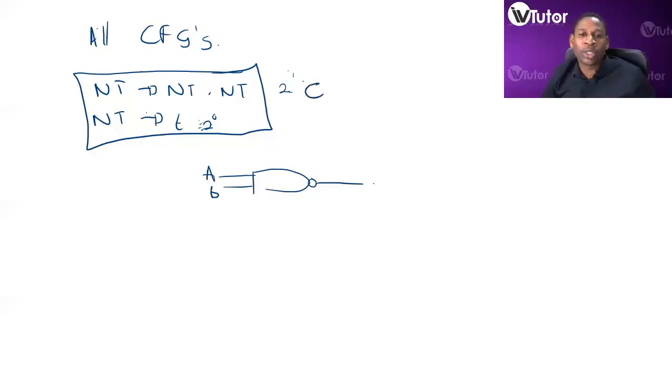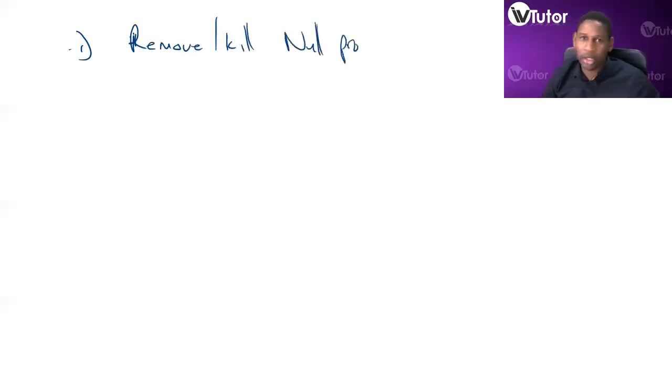So this format is called the Chomsky normal form. Now, for us to get to Chomsky normal form, there are 4 steps that we need to follow. Number 1, we remove, or if you read in the book, they say kill null productions.